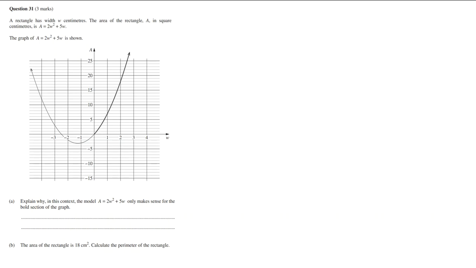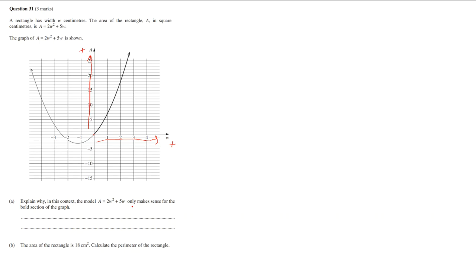So what the question really is asking is that they have made a bold section, which is this part, starting from 0 and going in this direction and in this direction, basically. So this section. So what that means is that you have positive values for W and positive values for area. They're asking why does it make sense?